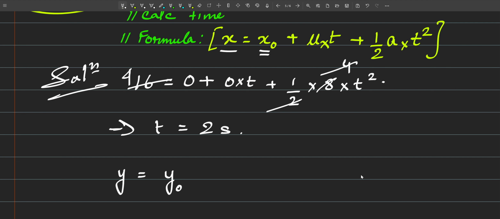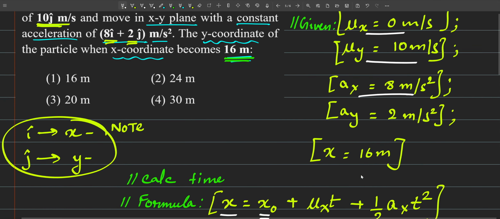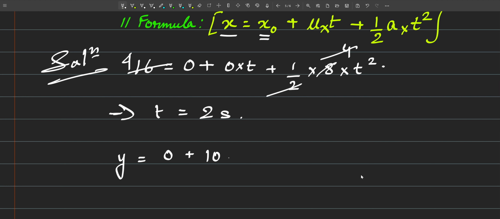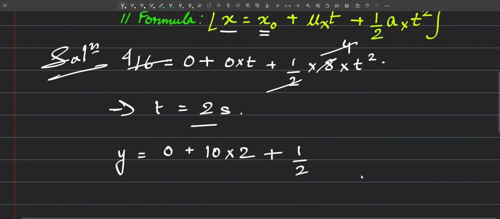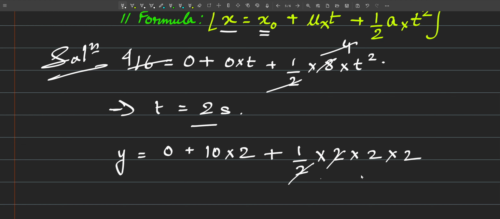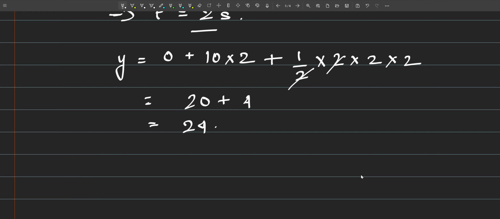Instead of writing the whole formula again, I am directly going with the solution, that is 0 plus our initial velocity in y direction is 10 meter per second, that is 10 into time, that is 2, plus half acceleration in y-axis is 2 again, so into 2 and again into 2 because of the time squared, and this cuts, so basically 20 plus 4, which gives us 24 meter, and this is our answer.